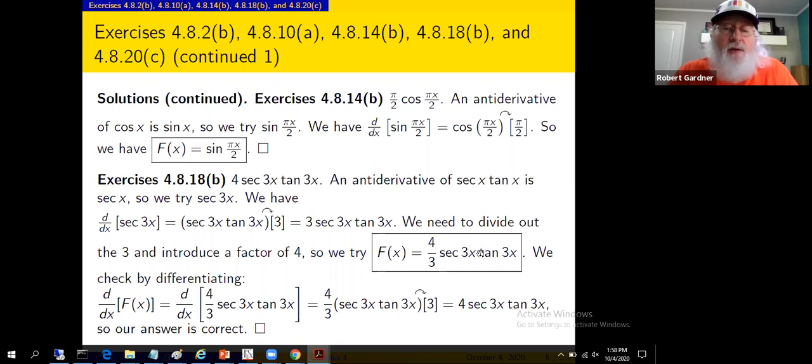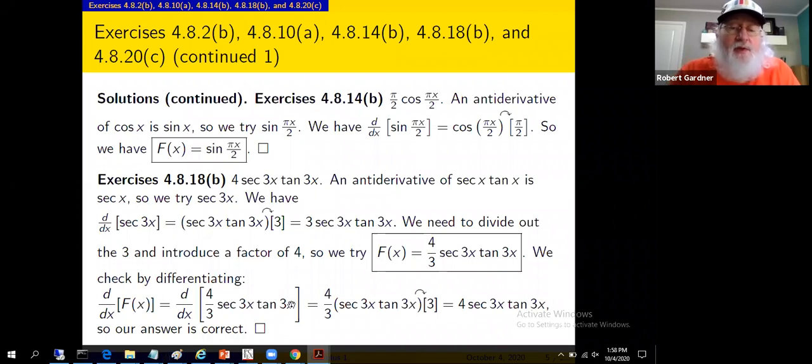Let's take 4/3 secant 3x. I'm simply taking what we had and multiplying it by 4/3. We'll fix this in the notes; the tangent 3x should not be there, typos.